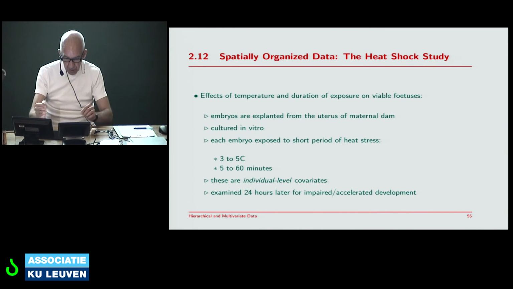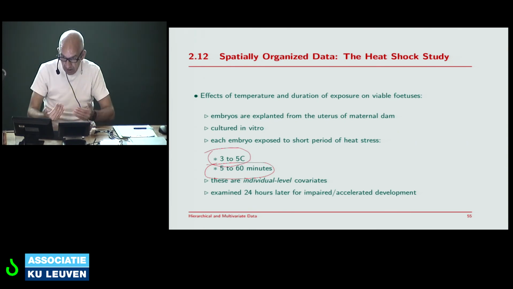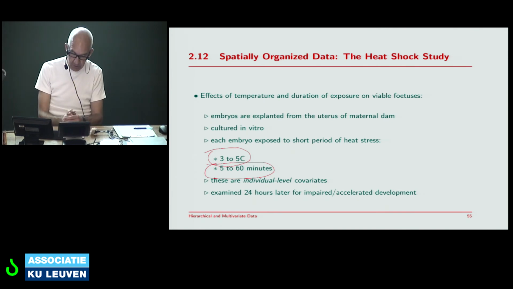stress. So during a certain amount of time, from 5 to 60 minutes, and at a certain degree, literally degree, at 3 to 5 centigrades above normal body temperature, they are exposed to increased temperatures, body temperatures, water temperatures in this case.